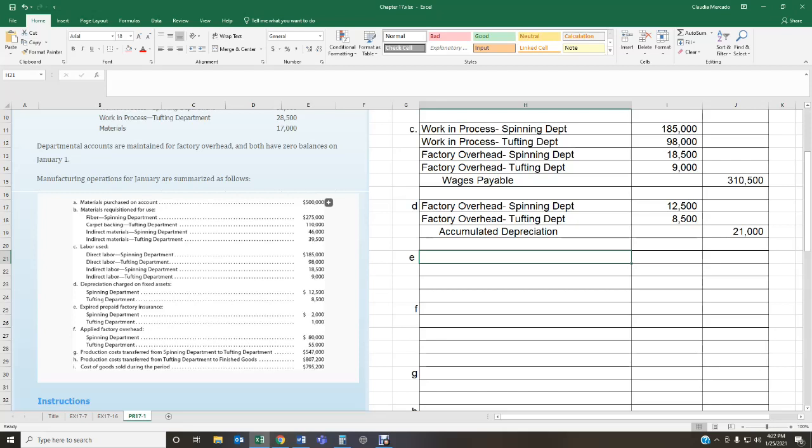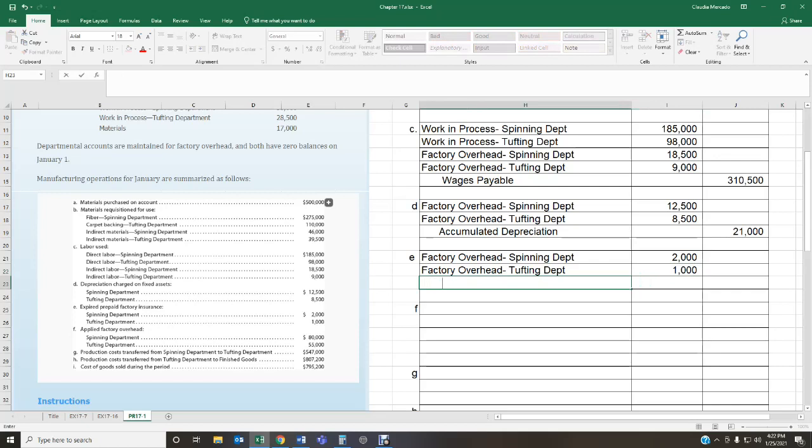So letter E, we have our expired insurance. So we're going to have factory overhead for spinning of $2,000, and then we have factory overhead for tufting. We have $1,000. Okay, so that's going to be our debit. And then what's happening here?